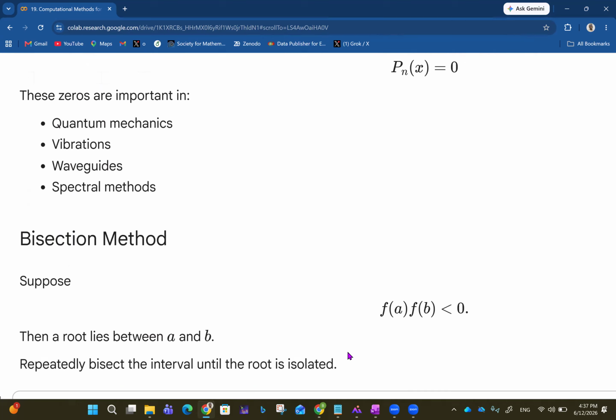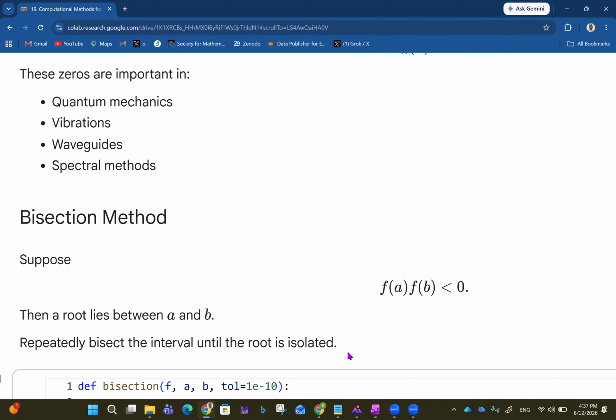To find zeros of functions like that, you need things like the bisection method, which I dealt with under numerical analysis.